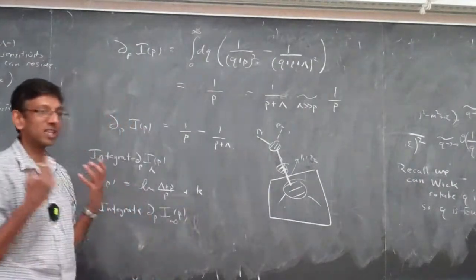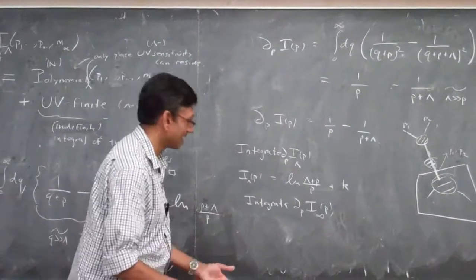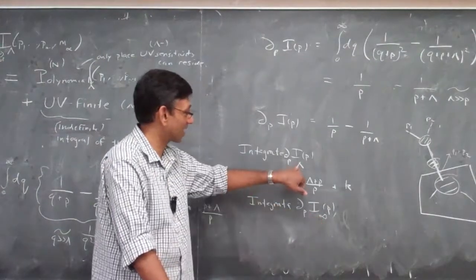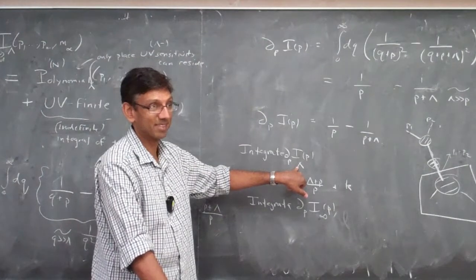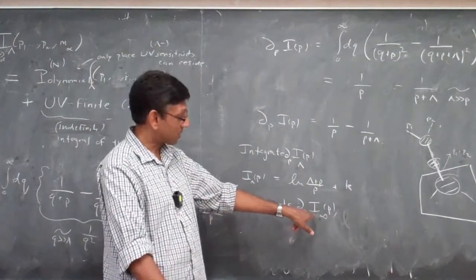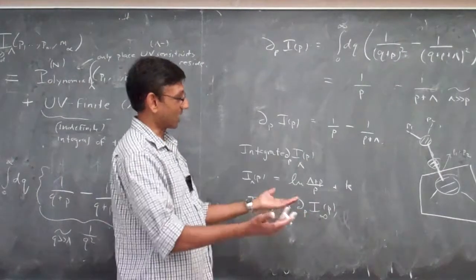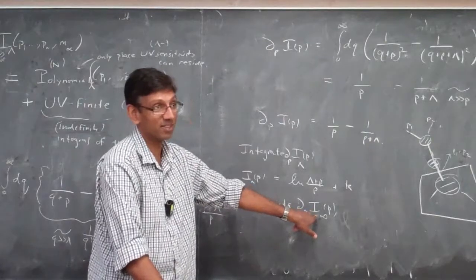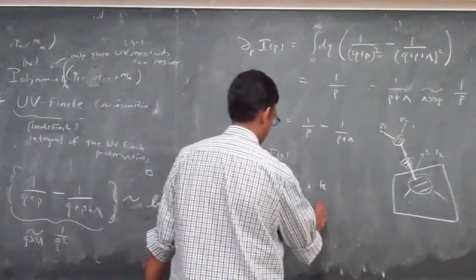Well, the whole point of saying the word ultraviolet insensitive is that taking the cutoff to be infinite is approximately the same as taking the cutoff to be large. Okay? So let's calculate the integral of this approximate, or if you like, the UV limit of the cutoff, since I can take it for the derivative that exists.